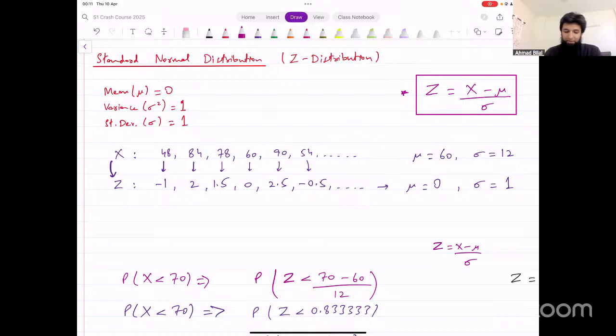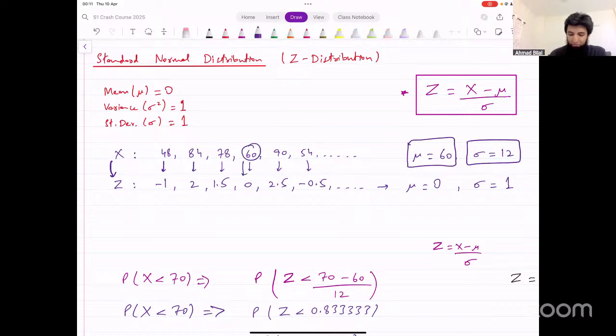X is a variable that has a mean of 60 and a standard deviation of 12. Now look at the z values that you're getting here. When x is 60, what's the z value? The z value is 0, because 60 was the mean. 0 is the mean, so 60 corresponds to 0.